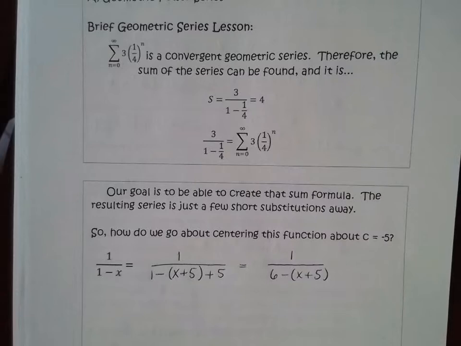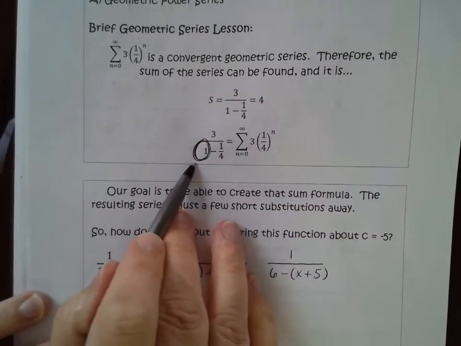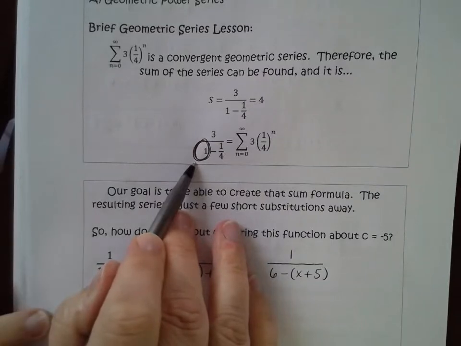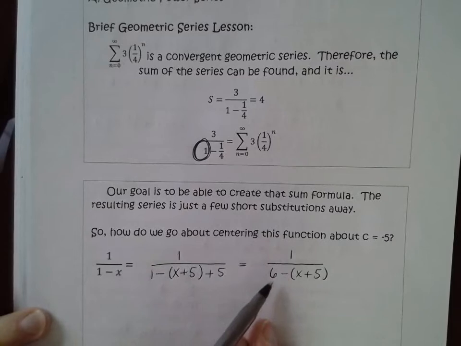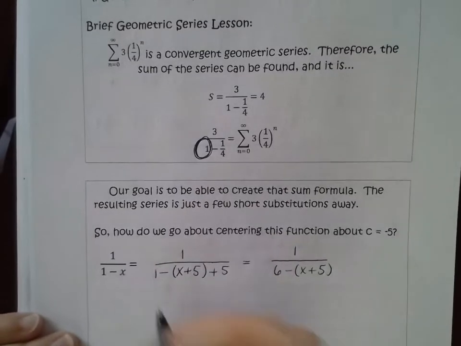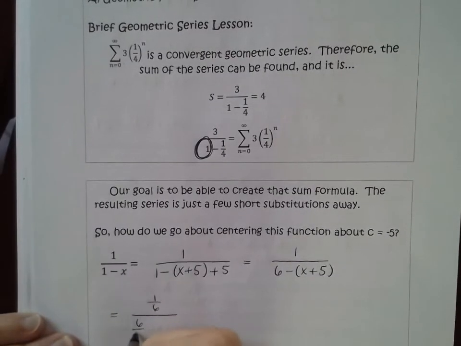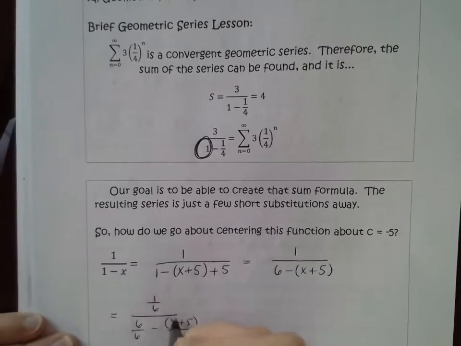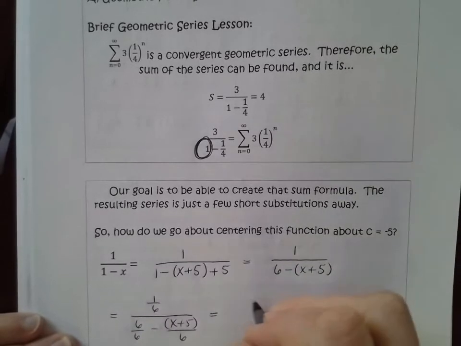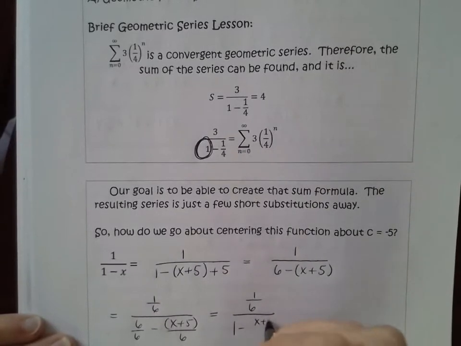Now if you remember, the geometric formula always has a 1 in that position. So what would I have to do to get a 1 here? Well, if I divide everything by 6, then I would in fact have 1 in that position.